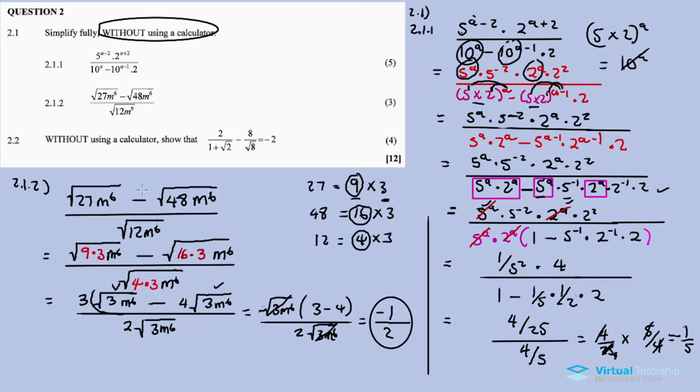Another way you can approach it is to find the square root of 9 and the square root of m^6. If you do it that way you will get something like the square root of 9 times 3m^6, you get 3 the square root of 3m raised to exponent 3.